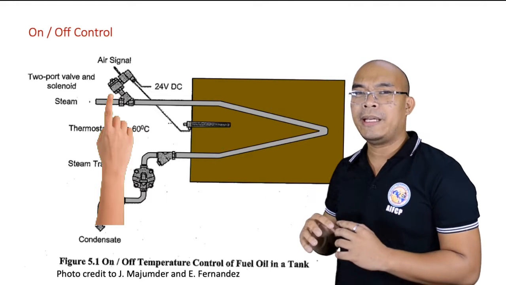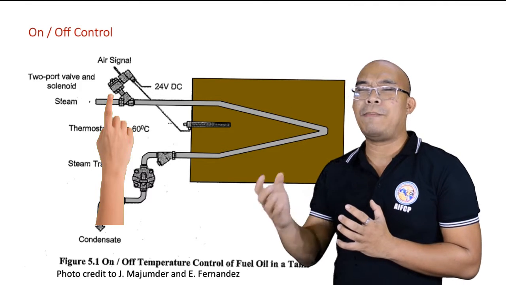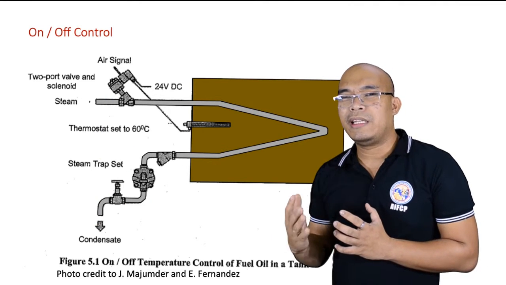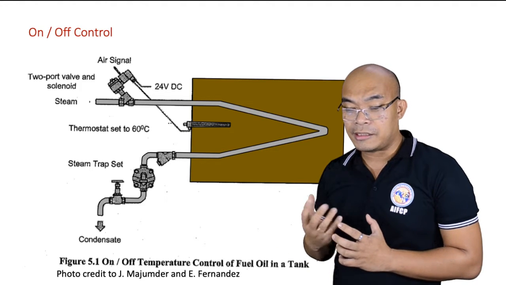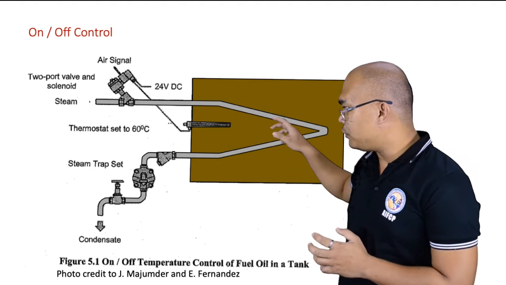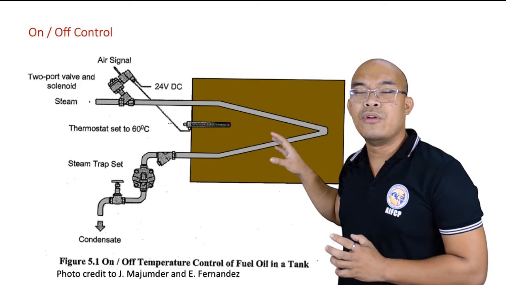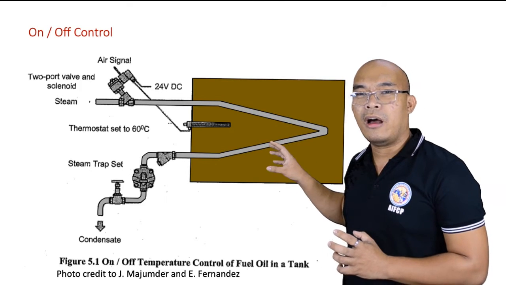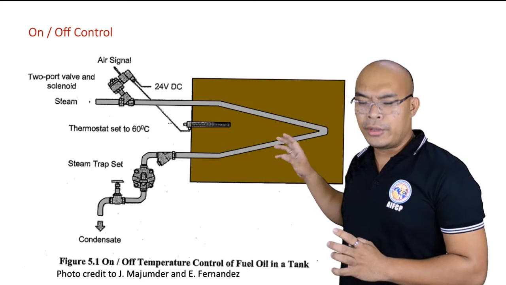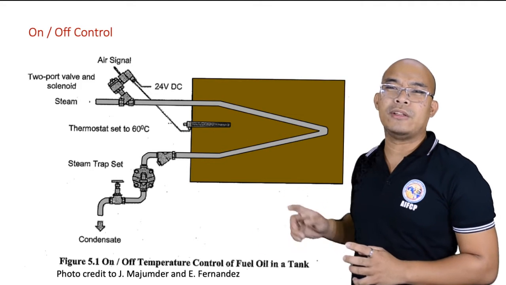So, yung solenoid valve na yan yung mag-on-off para papasok or matitigil niya yung flow ng steam. Okay? So, papasok yung steam niya dyan at saka, pag nandito na sa loob ng tangke, painitin niya yung fuel oil natin. So, ito yung basic concept and then paikot-ikot lang yan.